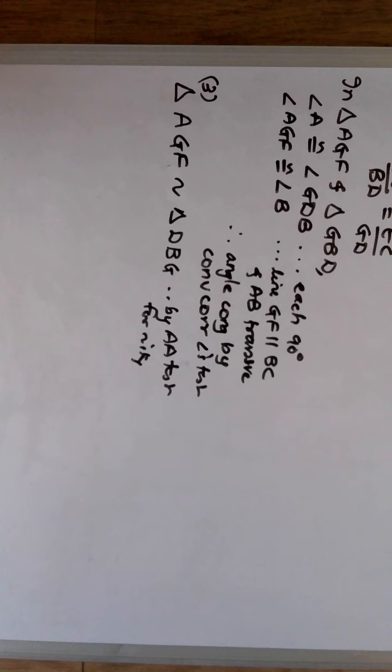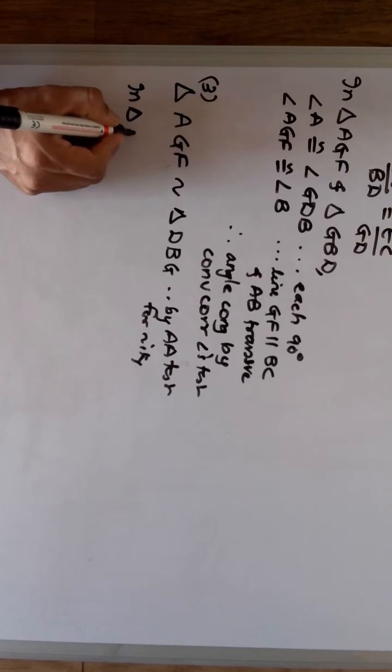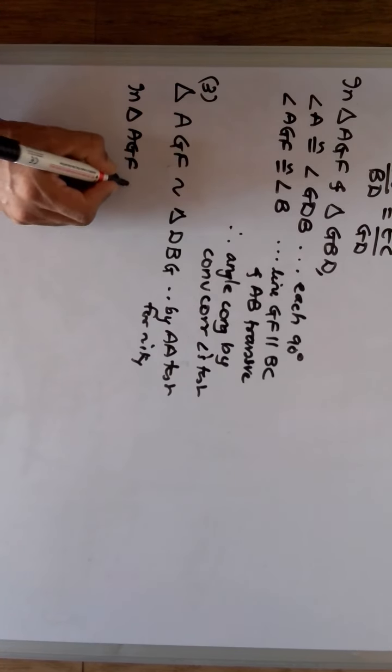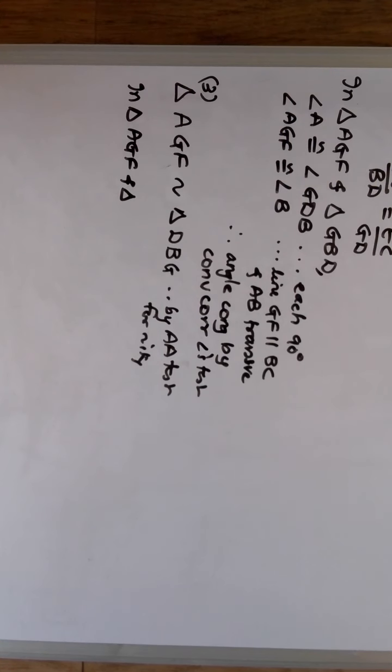Okay. Now using the same policy, I will show that the 2 triangles on that side are also similar. That is, in triangle AGF and triangle FEC, now here I will not write the parallel lines again, but it will be okay. If I write the converse of corresponding angle test directly, it will work because we have written all the information in the previous part.